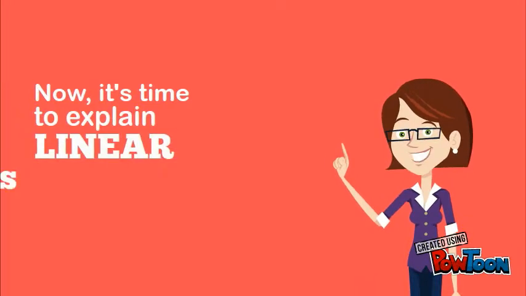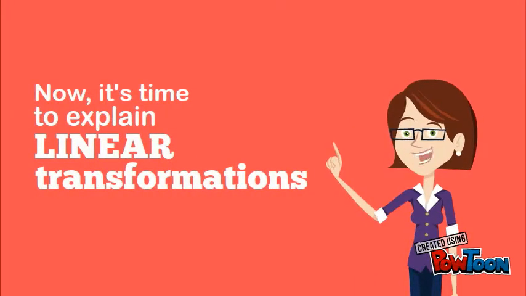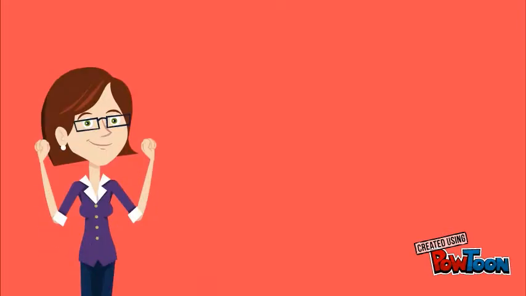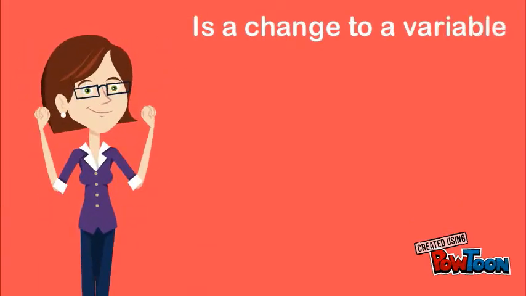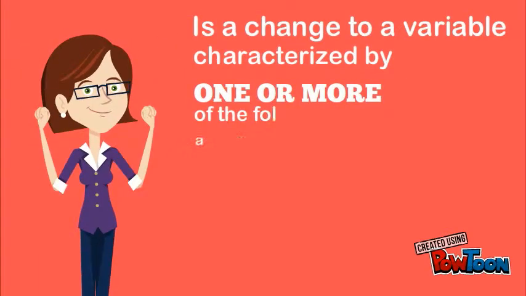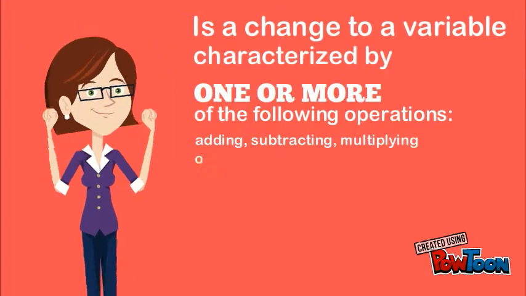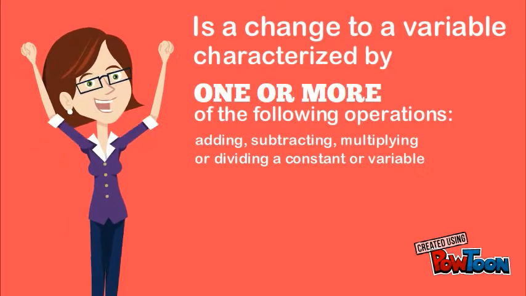Now it's time to explain linear transformations. Linear transformation is a change to a variable characterized by one or more of the following operations: adding, subtracting, multiplying, or dividing by a constant or variable.